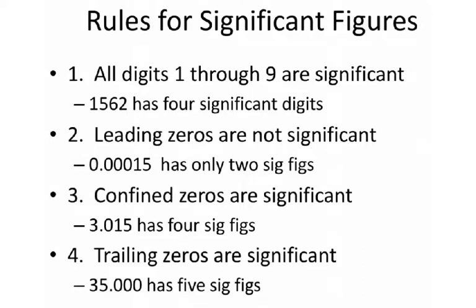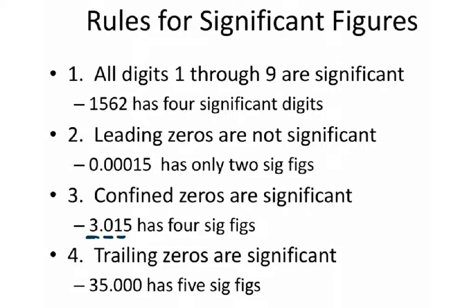The third rule is about confined zeros. A confined zero, also known as a captive zero, you can use either term, is a zero that is in between 2 non-zero digits. Notice how this 0 is between a 3 and a 1, which are two non-zero digits.